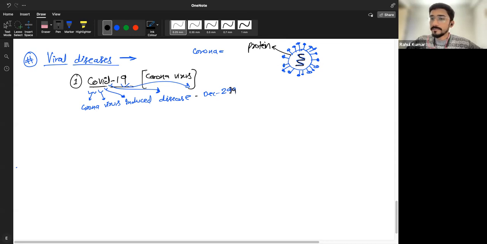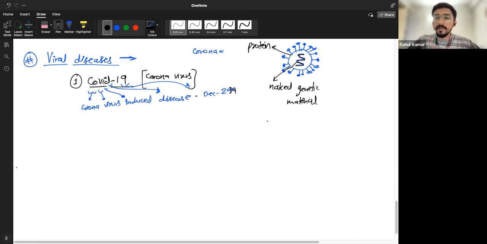Just a protein coat, and inside a naked genetic material. Why do we call it naked genetic material? Because it is not bound by any membrane, no protein binding, nothing. It's just a genetic material present, coated by a protein for protection.